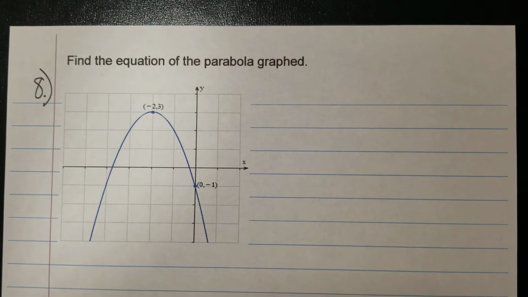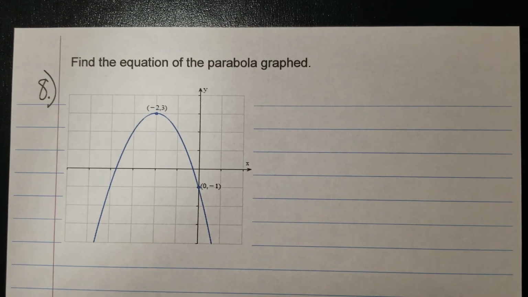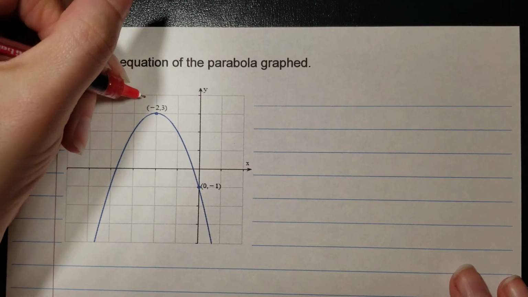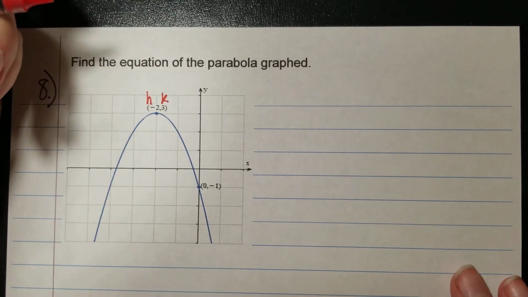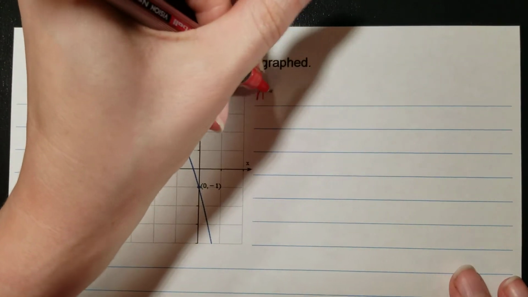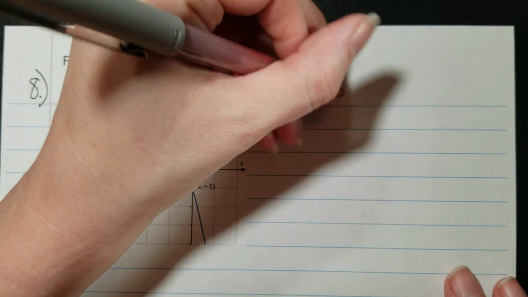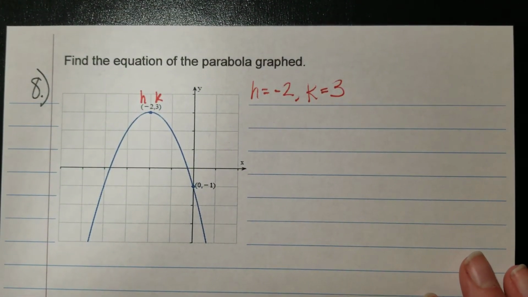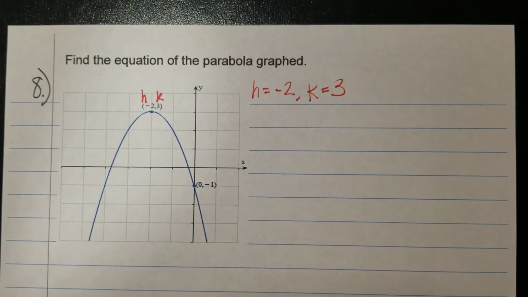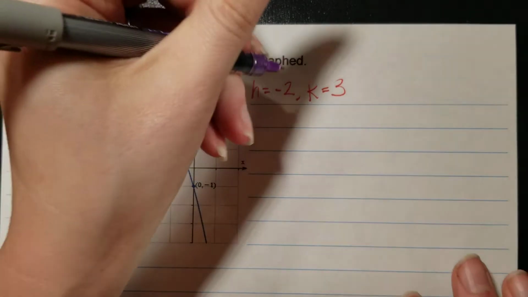Okay. So let's find the equation based off of the graph. All right, so we have the vertex. So that is your H and your K, right? So H is -2, K is 3. The easiest thing to do is just use the vertex form.